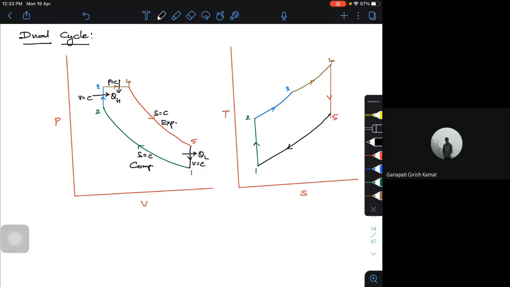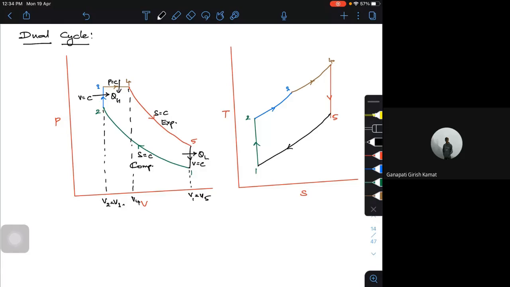Here also, if you look into it, V1 is equal to V5 and V2 is equal to V3, and I have V4 here.